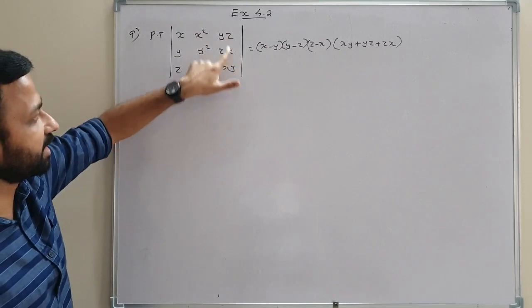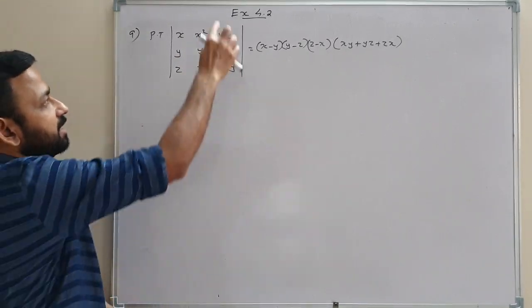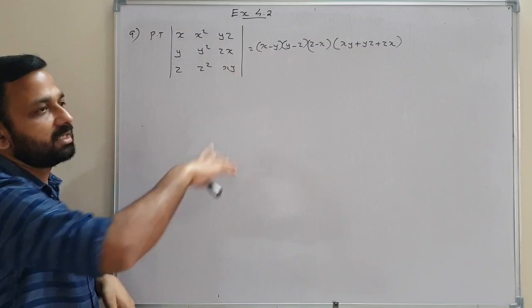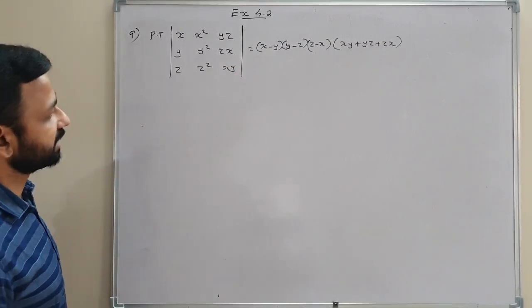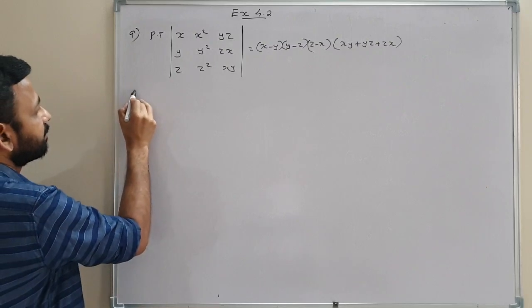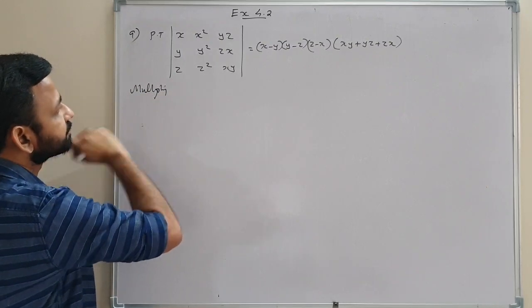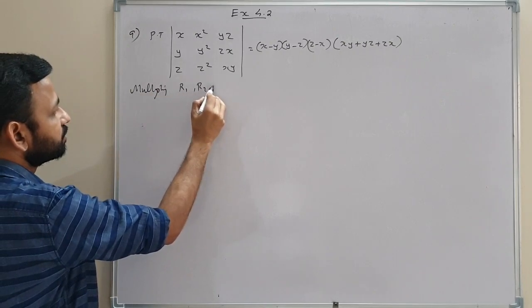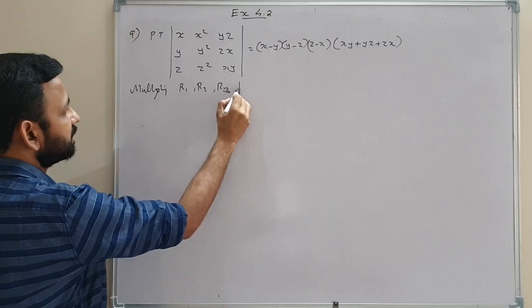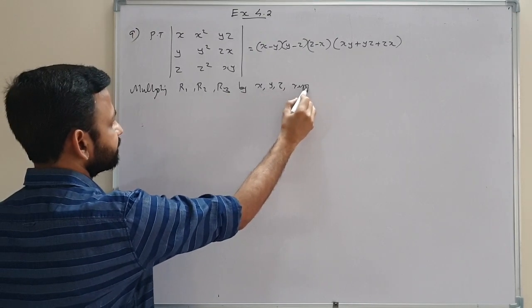So we will get xyz common. When we take xyz outside, we will get 1, 1, 1, and then we can easily make two zeros. So that is the method: multiplying R1, R2, R3 by x, y, z respectively.